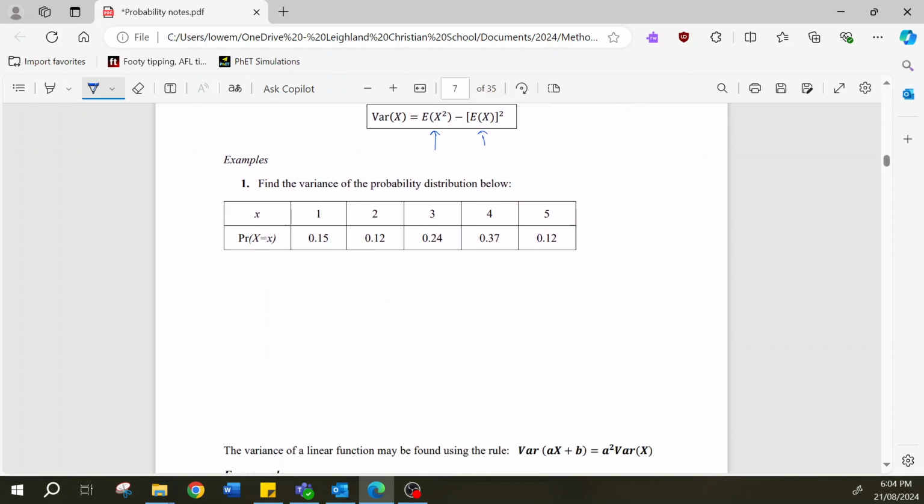And so to find the variance of this particular distribution, we need to find both of them. So E of x, which will be 1 times 0.15, and so on.